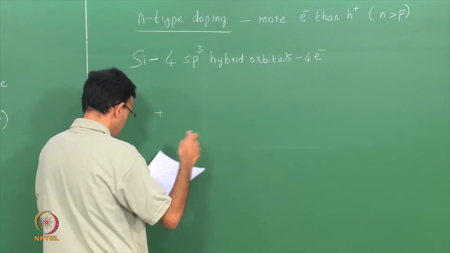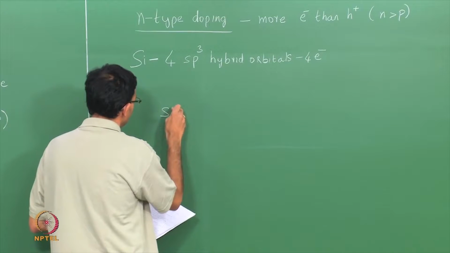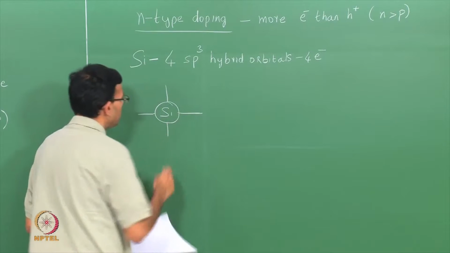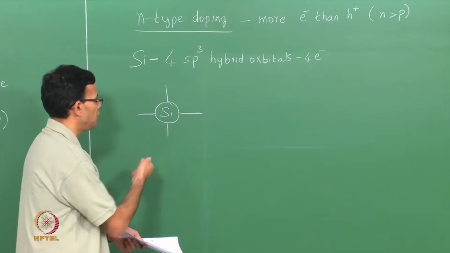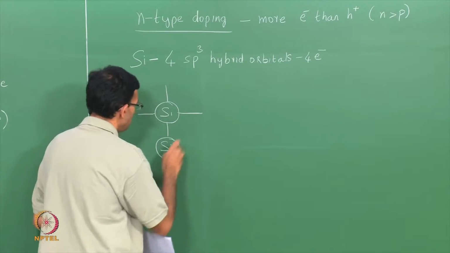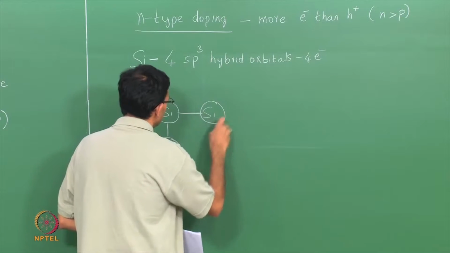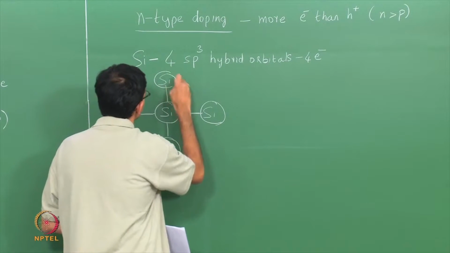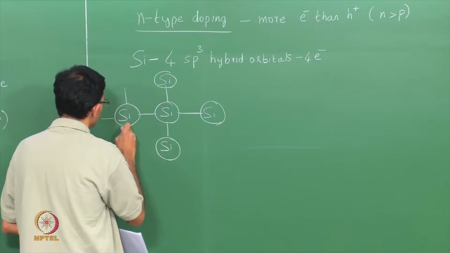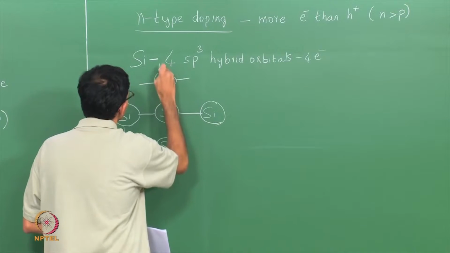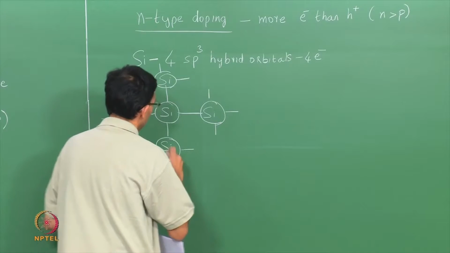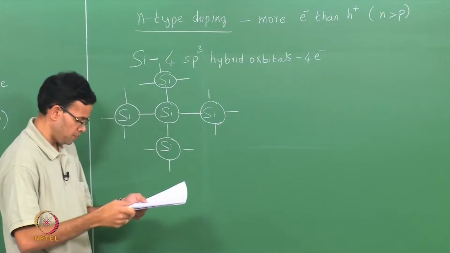So, these are your silicon atoms. Each silicon atom has 4 bonds, which form bonds with other silicon atoms. And then the picture repeats.